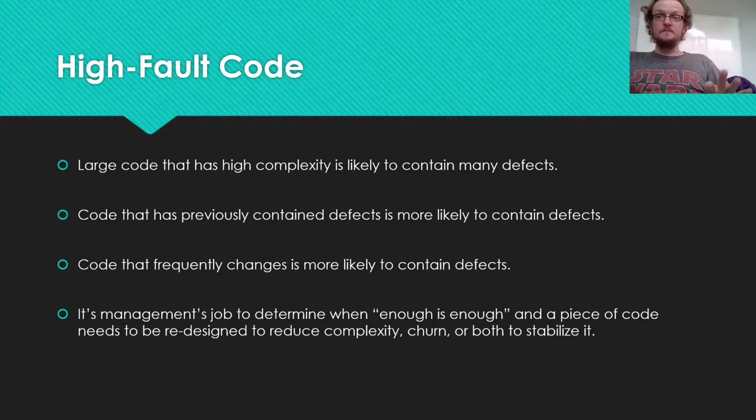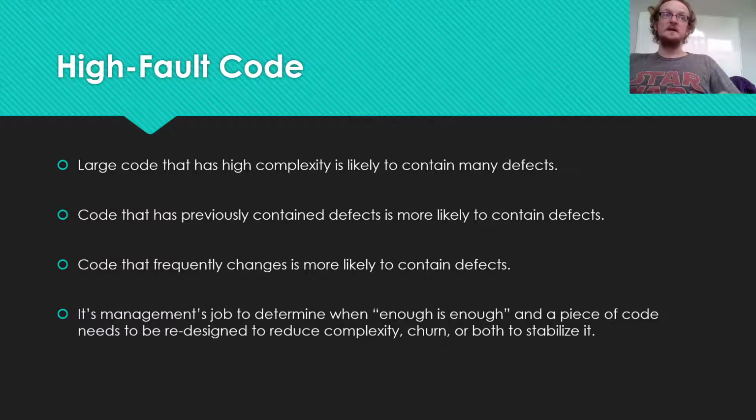And ultimately, it is the management of the software company's job to understand when enough is enough. What I mean by this is there will always be a piece of code in a system that is absolutely the most brittle piece of the system, bar none. You can imagine a piece of code that has 500 bugs, and it will always have 500 bugs from version 1 through version 35 of the application.